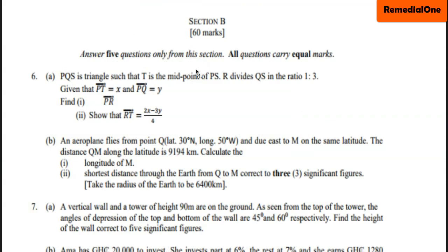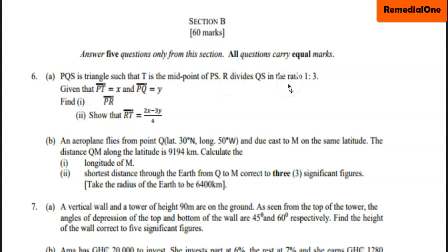So section B. Here you have to answer 5 questions from this section, and each question is 12 marks. So 6A. PQS is a triangle such that T is the midpoint of PS.